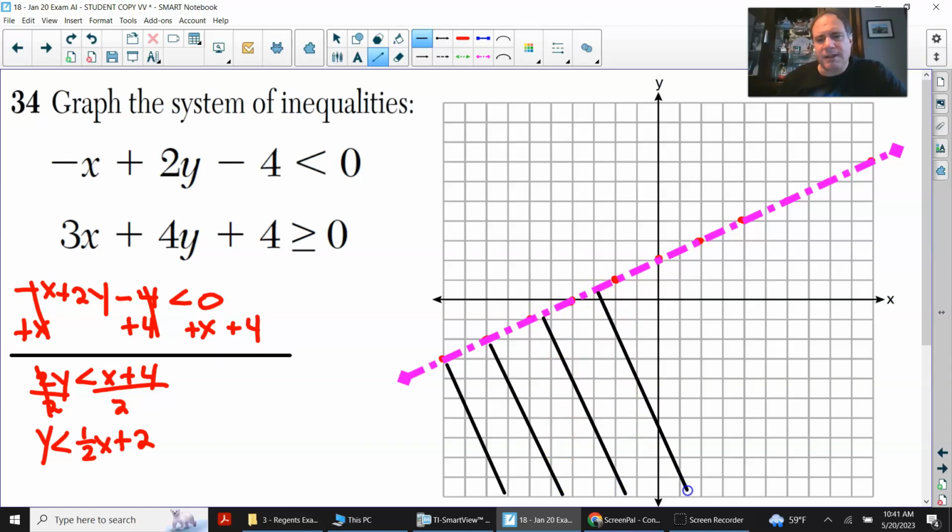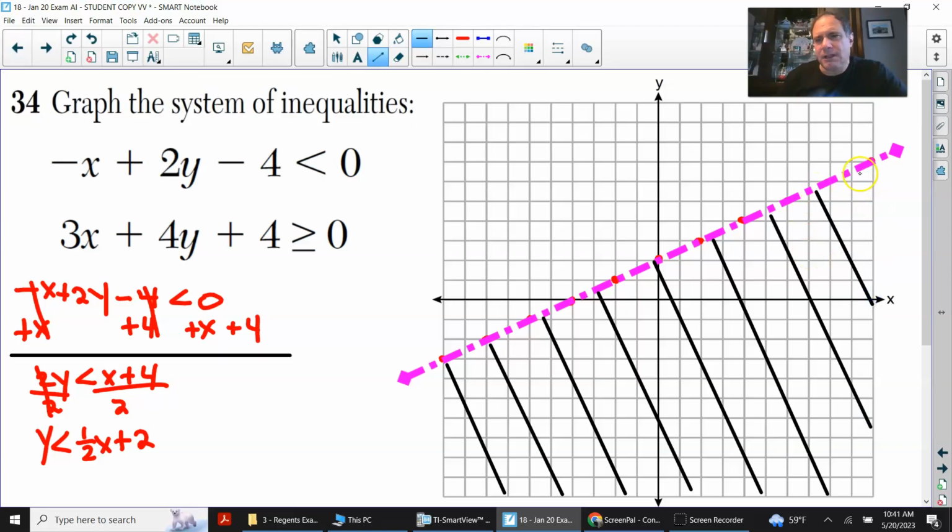The y-intercept is 2, and the slope is 1 over 2. So I find it easy to just do it by hand, but you could put it into the calculator like I did show you, and you look at the table, and you'll see exactly what coordinates to graph. So this is y is less than 1/2 x plus 2.